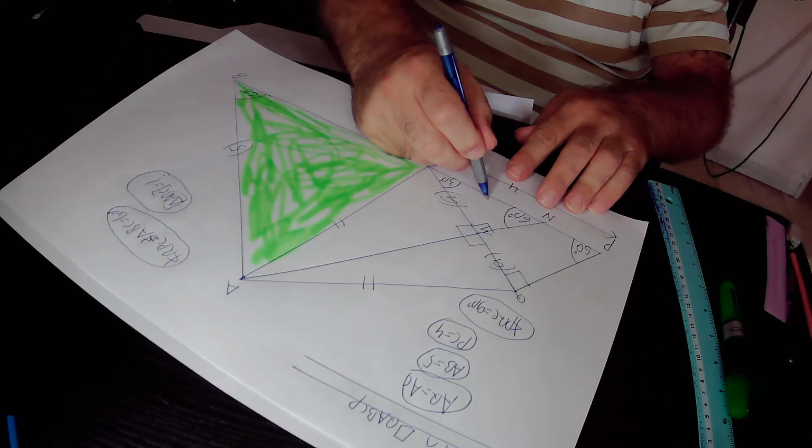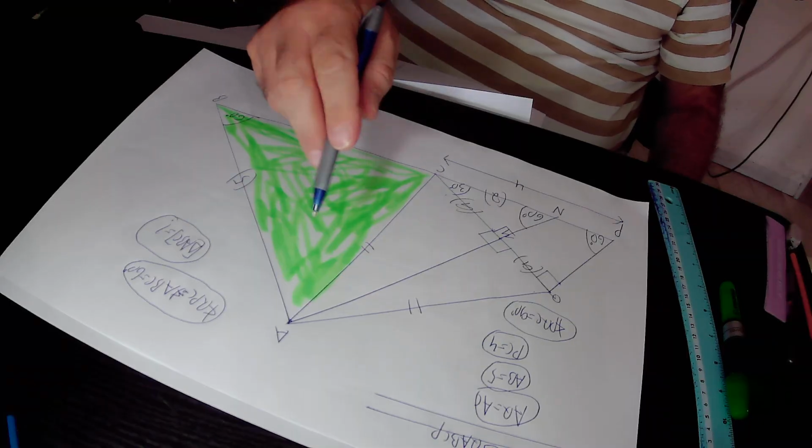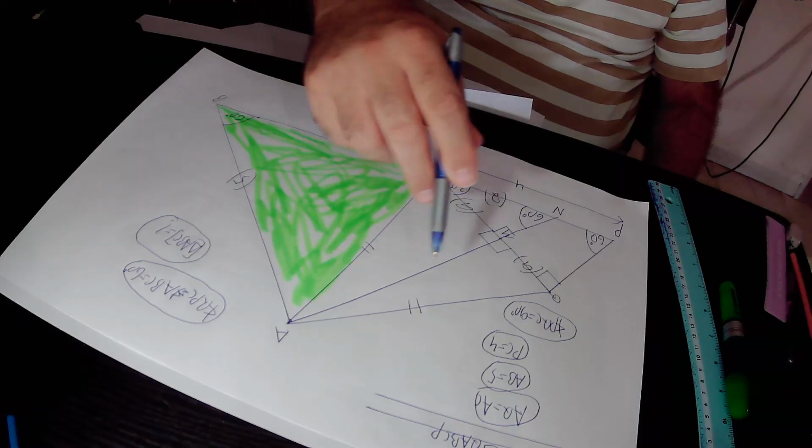In the next step, I'll copy the big triangle ANB in a new page, and we will analyze this big triangle, triangle ANB.